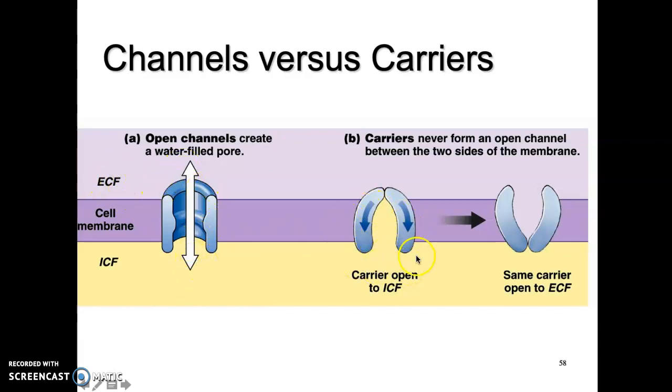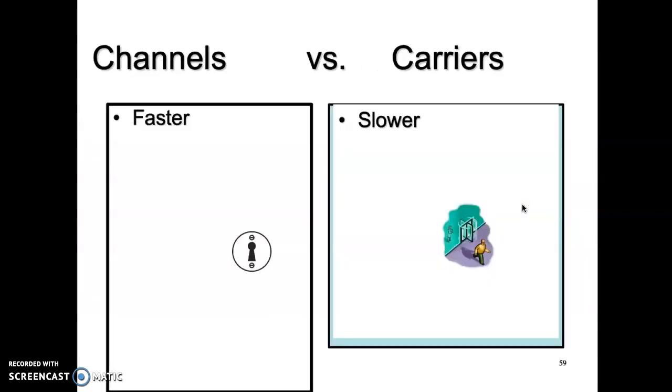And here's that hinge mechanism I showed you for the carrier, where it's either open to the inside or open to the outside, but never both. Okay, and we always show them in models like this, just like two little beans that open and close, because that's going to help us understand it.